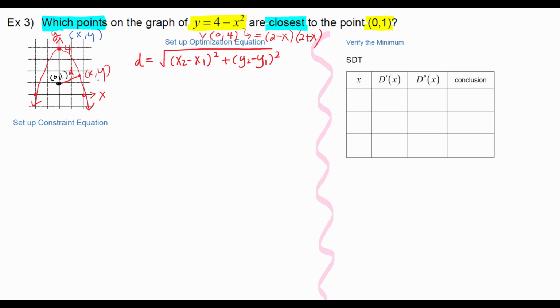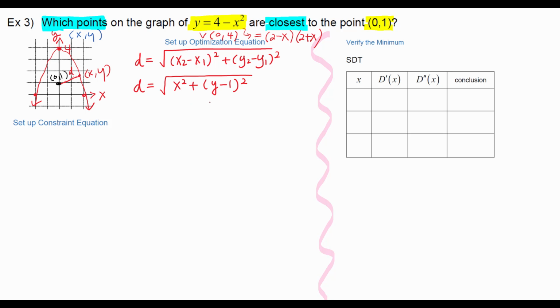The random point (x, y) on this graph, you can call it (x2, y2). So then my distance becomes the square root of (x minus 0) squared, which is just x squared, plus (y minus 1) squared. But this is still a function of two variables, x and y.